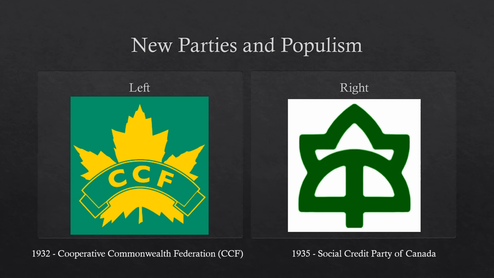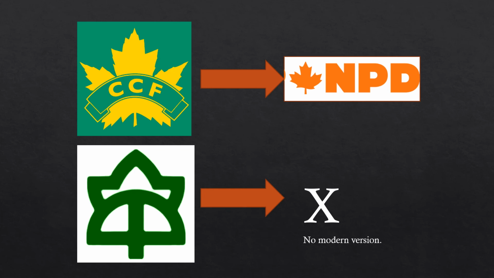The party over time became very paranoid and anti-Semitic, and social credit eventually abandoned the radicalism, but it largely disappeared in the 1970s. So while the CCF does still in one form exist as the modern NDP party today, the Social Credit Party doesn't really have any modern equivalent anymore.